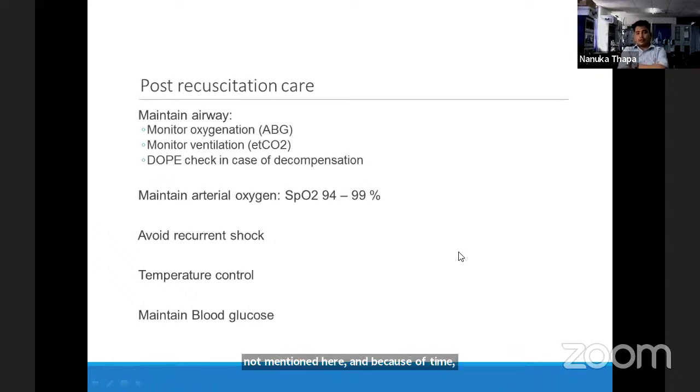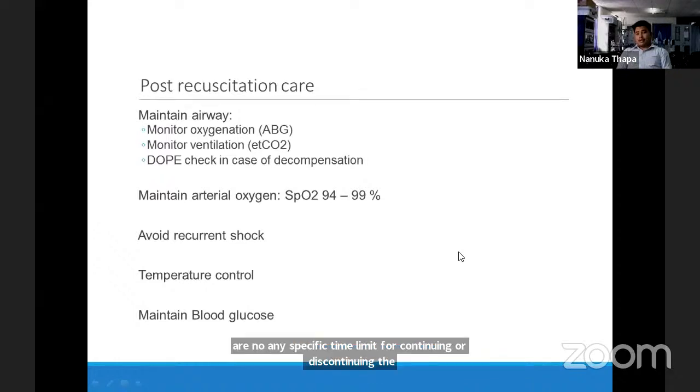And there are questions which are being asked, like for how long are we going to continue our CPR? So I've gone through the guidelines. There is no specific time limit for continuing or discontinuing cardiopulmonary resuscitation. Some patients may revive even after 40-45 minutes of cardiac arrest, which has been seen in cases like poisoning.